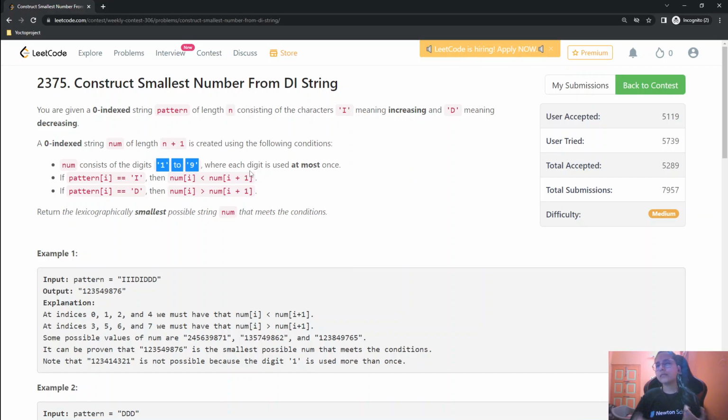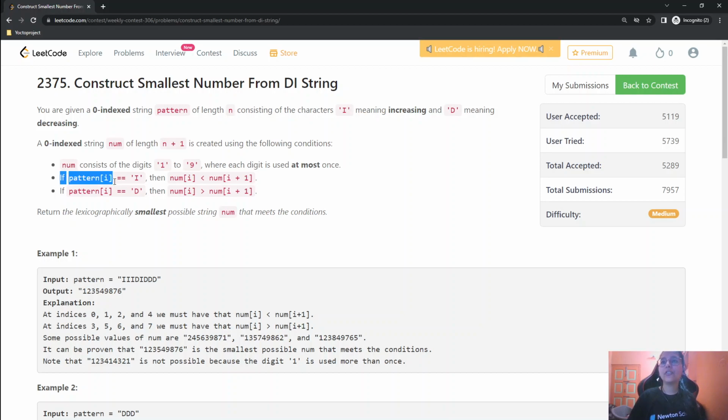Basically they are saying that there is some num string which consists of 1 to 9, and that is the thing which we would be required to return, and each digit is used at most once. So we also need to keep in consideration that there is no duplication, and in such a manner we are required to make a solution.